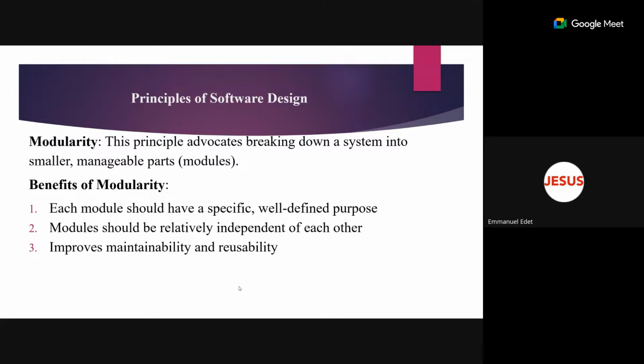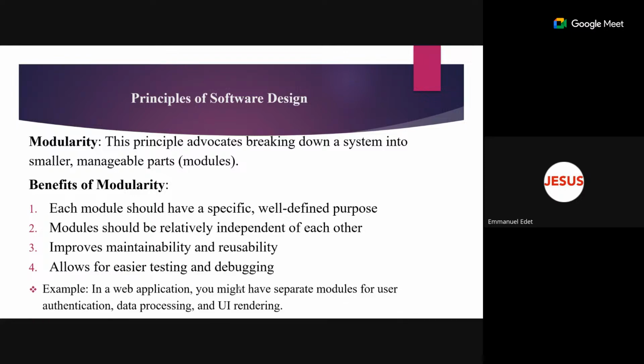Now, the next one is improved maintainability and reusability. It helps to improve maintainability and reusability of the code or the program. It also allows for easier testing and debugging. It allows you to test and debug each and every module you have written. So modularity, as a principle of software design, is very essential to consider when designing your software.